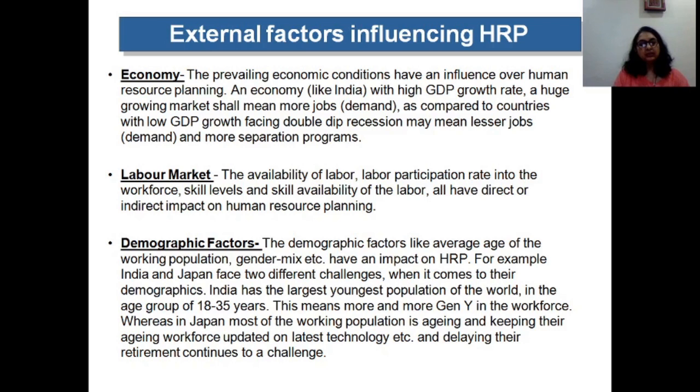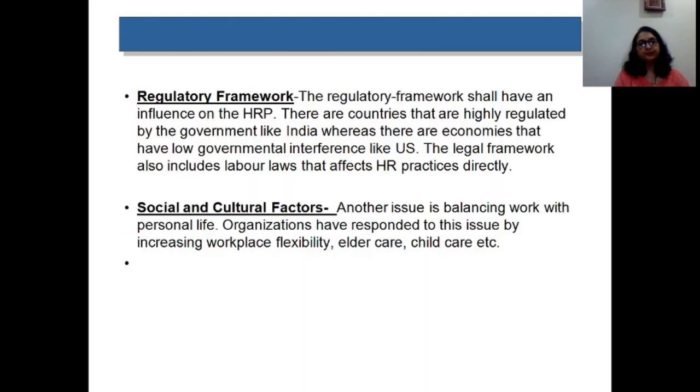So this means that more and more generation Y population is present in the workforce, whereas in Japan the working population is aging and they have issues like updating the workforce in latest technology or delaying the retirement process.